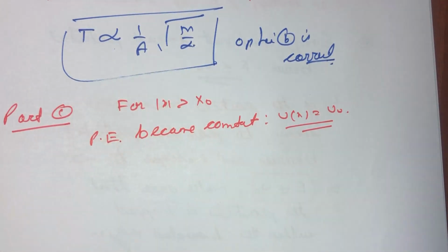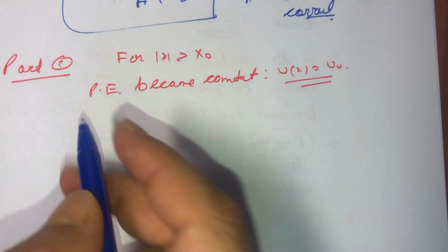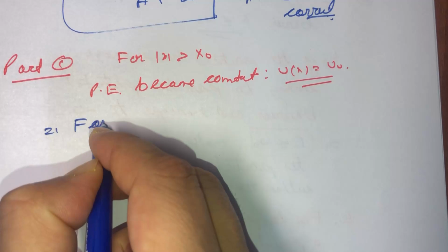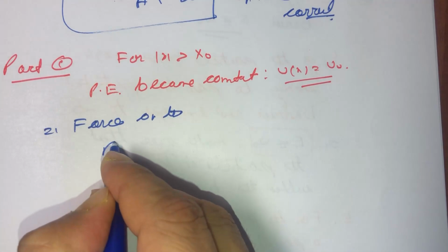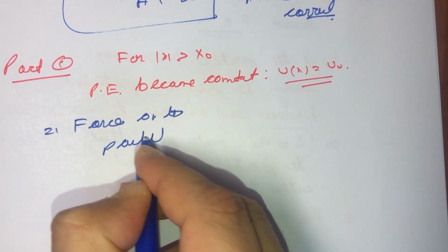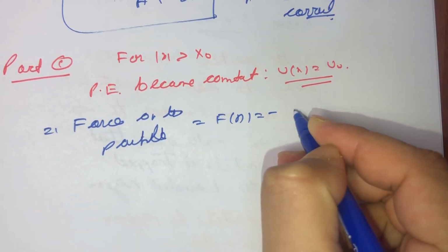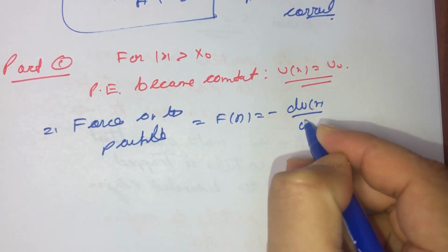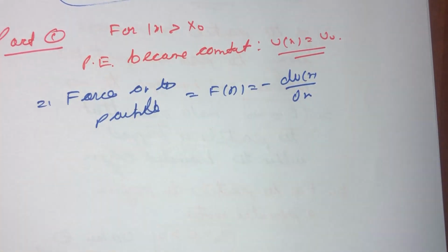For this condition the potential is constant, and we know that the force on the particle is given by the derivative of the potential energy. So we can say that the force on the particle, given as f of x, is equal to minus dV of x upon dx, and V of x is equal to V naught, which is a constant value.